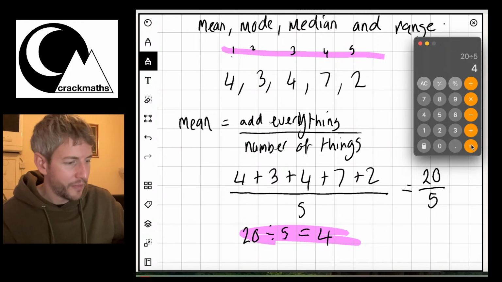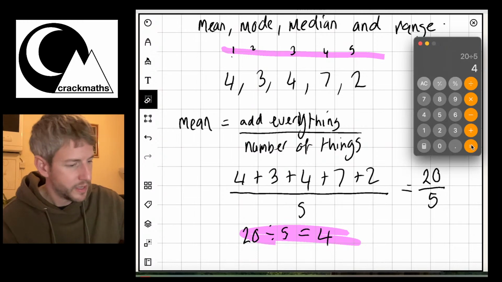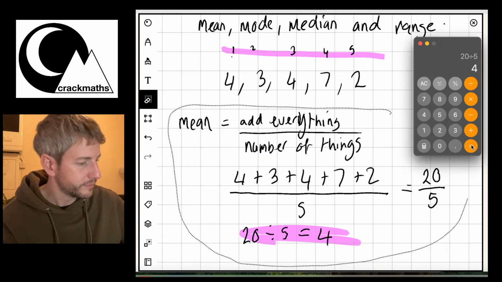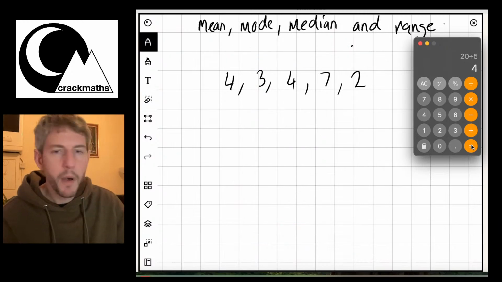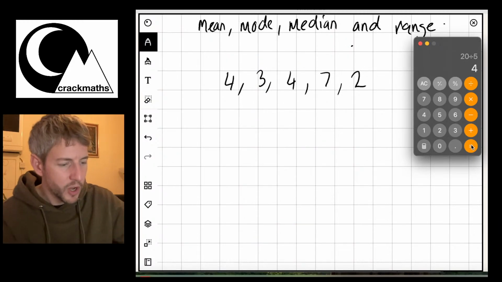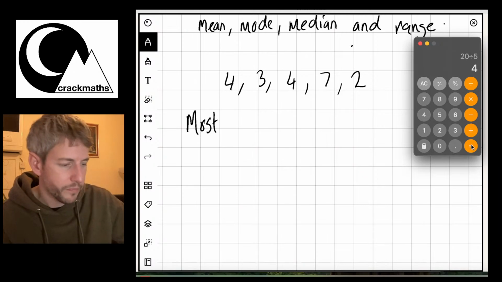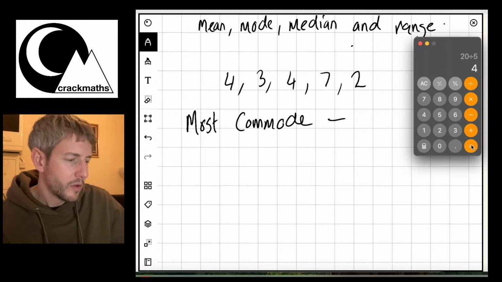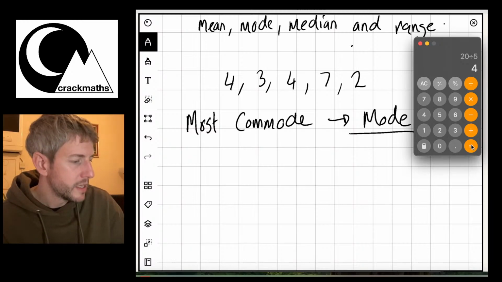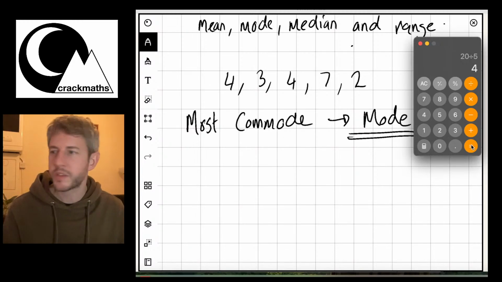Now let's look at the mode. Okay, so I'm going to delete all of this and we can look at the mode. So the mode is the most common. Let me write that again. Mode. So the mode is the most common.